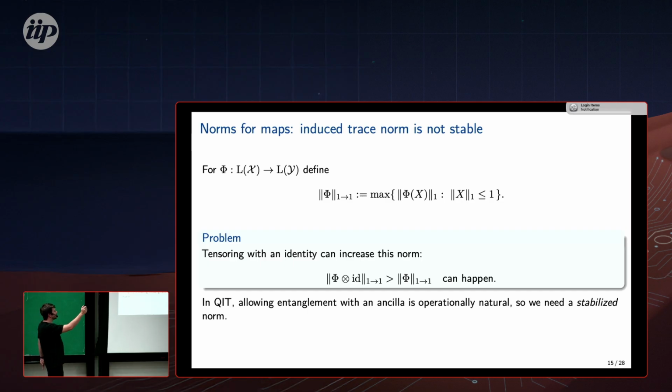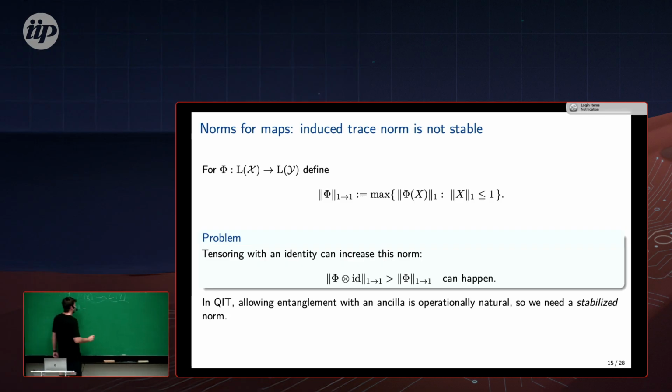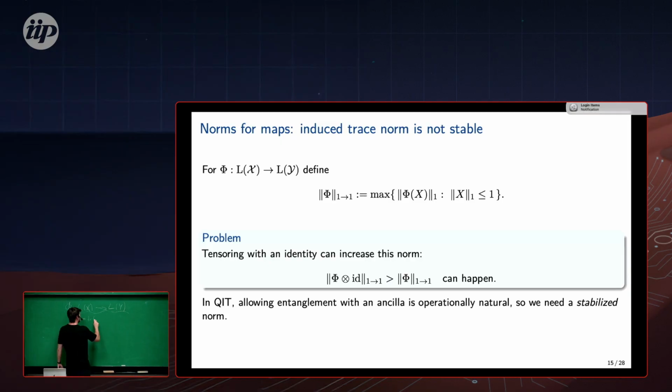So this will be the maximum trace norm of phi of x, given that x has trace norm smaller than 1. So as I'm telling you this, I'm realizing probably I should tell you what all of these norms are. So essentially, the trace norm, so this x1 for a matrix, is just the following thing.